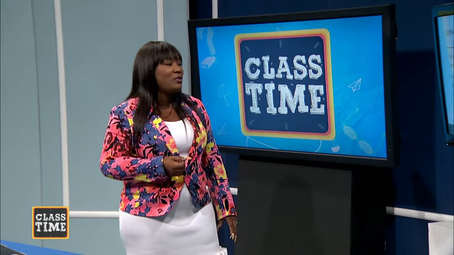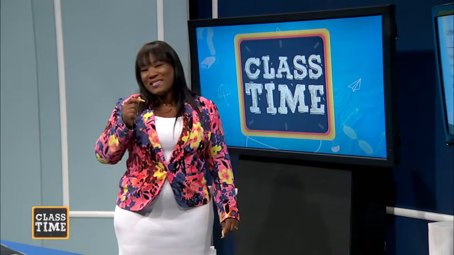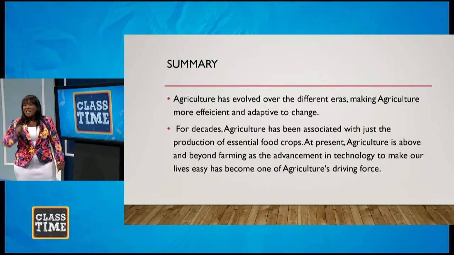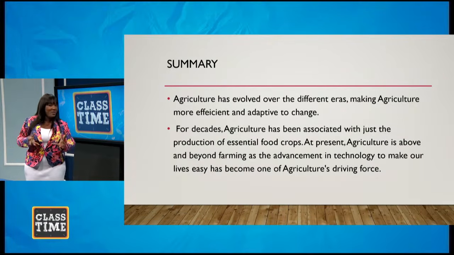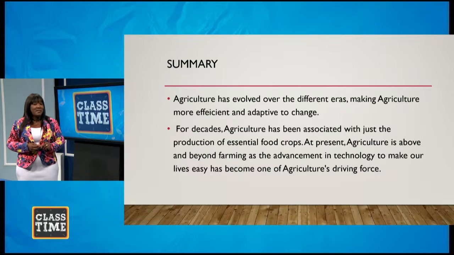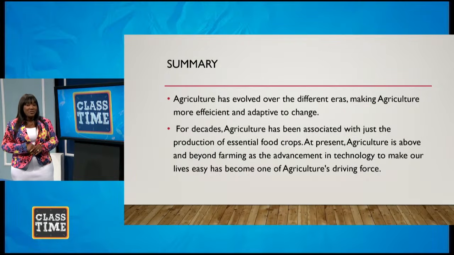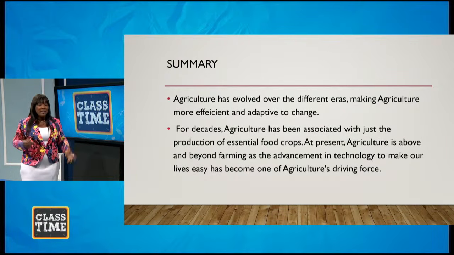This advancement looks to make life easier and has become agriculture's driving force. So the science behind agriculture is pushing its foot forward. Look out for any new ideas coming up along the way, and say to yourself, you know what? This is agricultural science, because we rely heavily on agriculture.